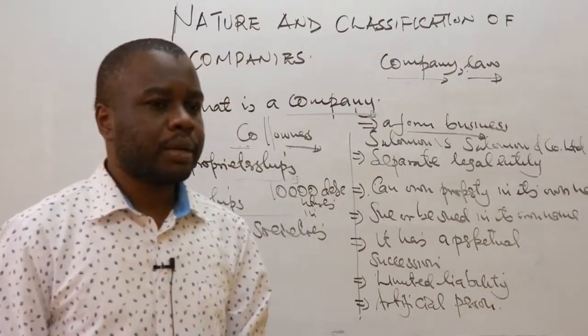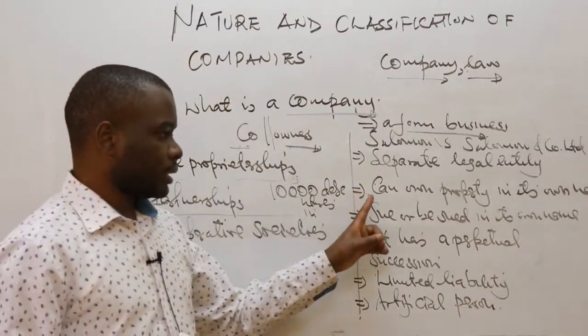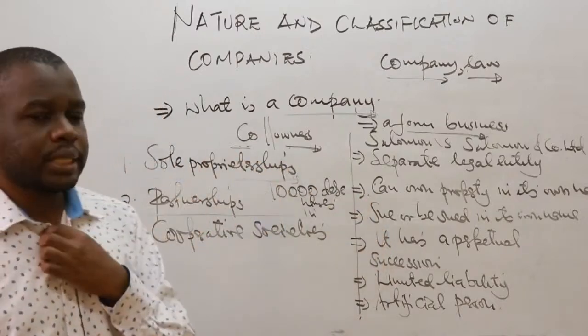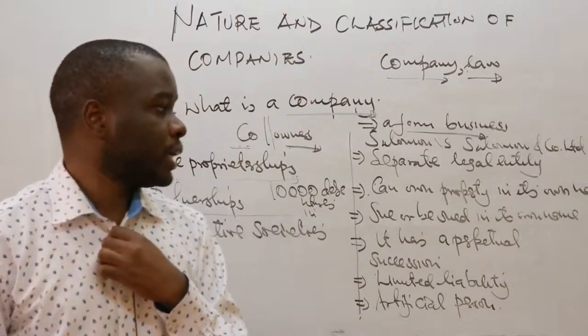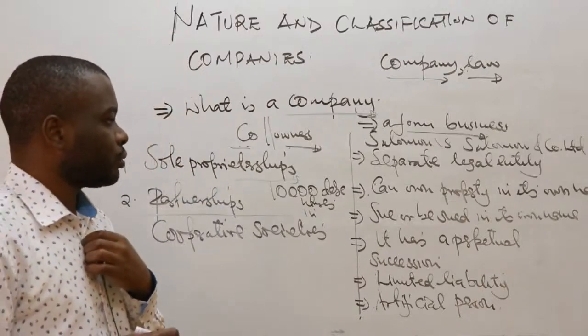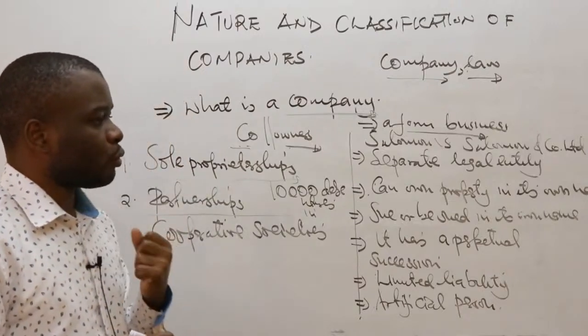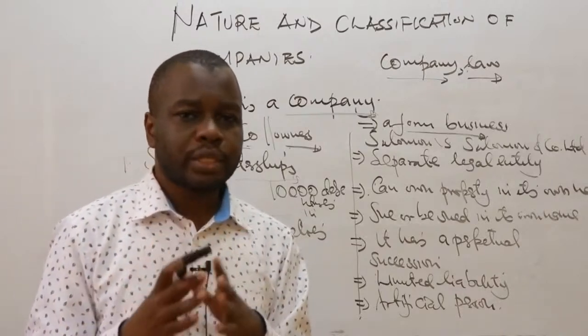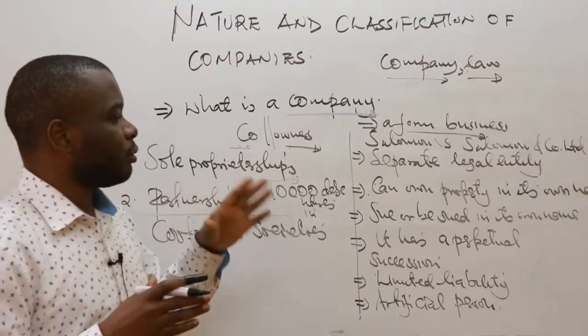That is what we mean by a company being able to own property in its own name, for example, acquiring land where the title deed is registered in the name of the company.